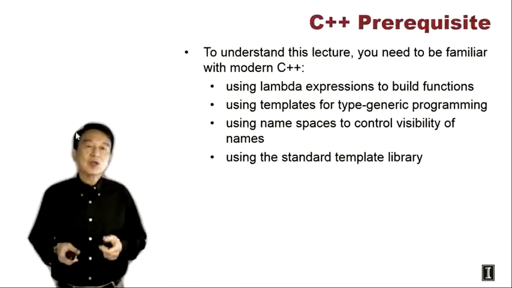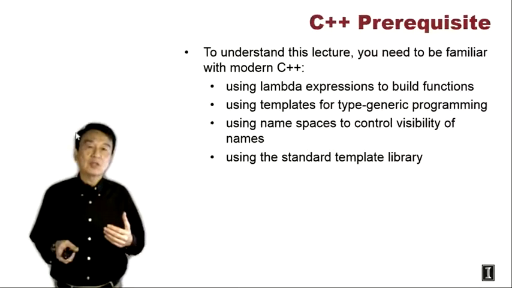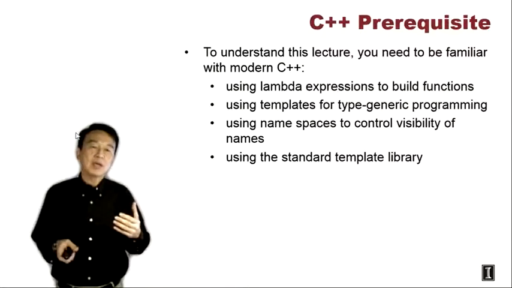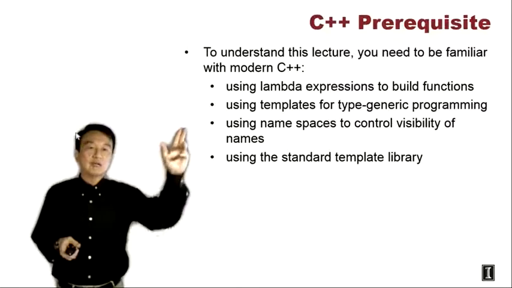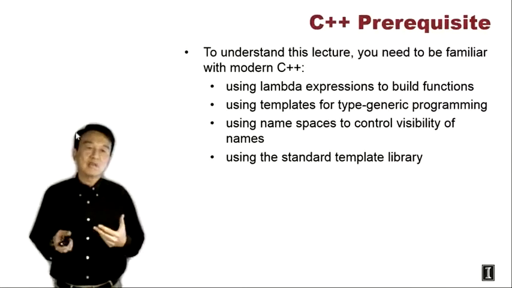In order for you to understand this lecture, there are a few concepts in C++ that you should be familiar with. If you're not familiar with these concepts, I encourage you to go on the internet and learn more about them before you continue this lecture. The first one is using lambda expressions to build functions or functors.